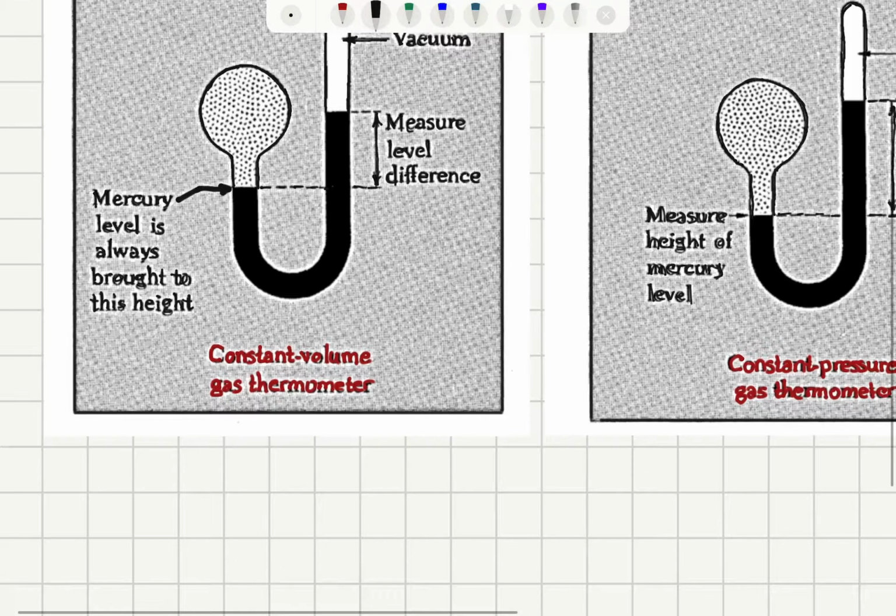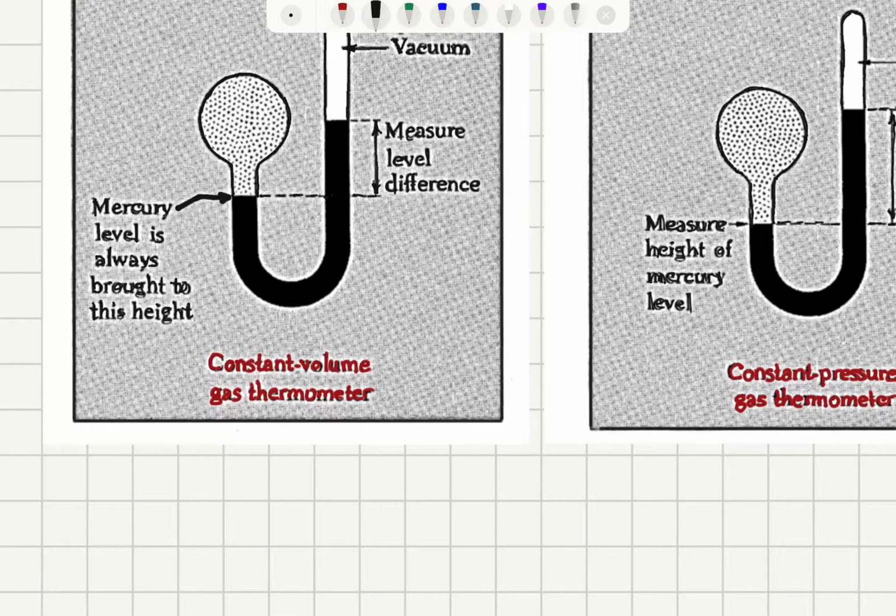So how much is the pressure of the gas? That we can measure by looking at this extra distance the mercury travels inside the column. So we're looking at this part, and we can determine the pressure of the gas to be equal to the mass of the mercury multiplied by the gravitational acceleration divided by the perpendicular area. What is the perpendicular area?